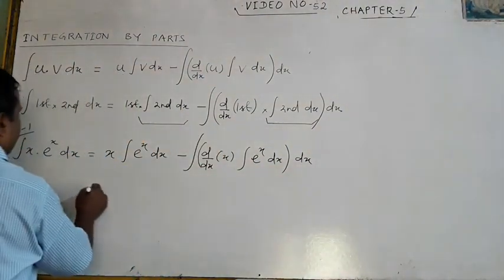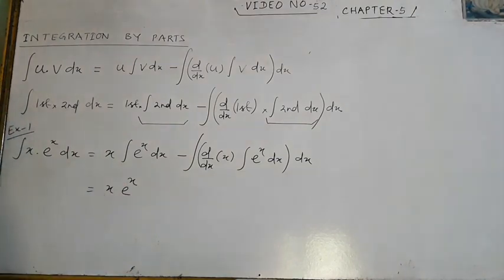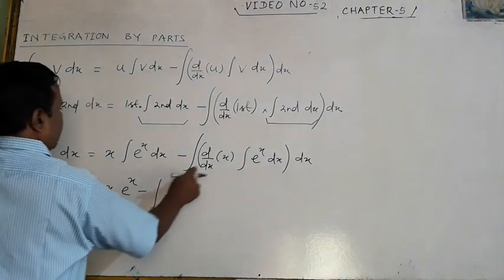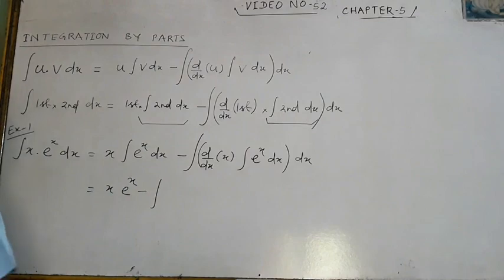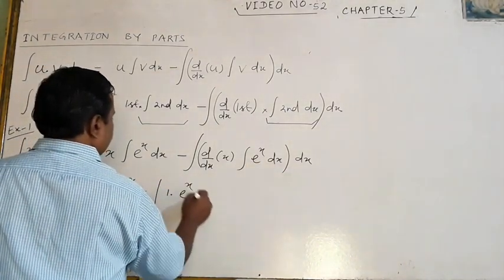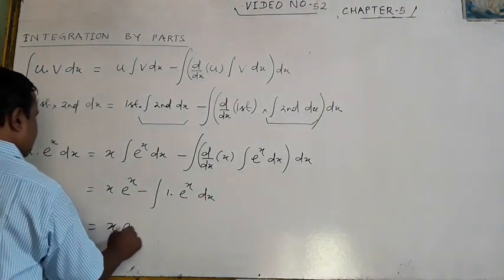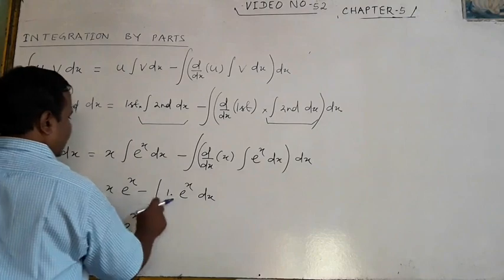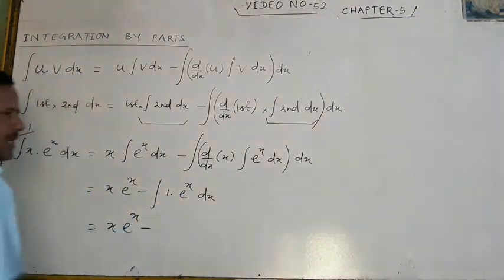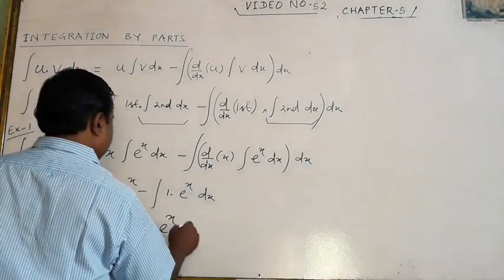It is x. Integration of e to the power x is e to the power x, minus derivative of first. Derivative of first is 1. Integration of e to the power x, e to the power x dx. It is x e to the power x minus 1 into e to the power x, which is e to the power x, plus C.